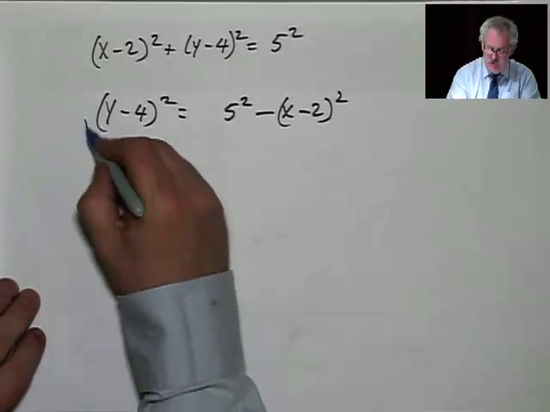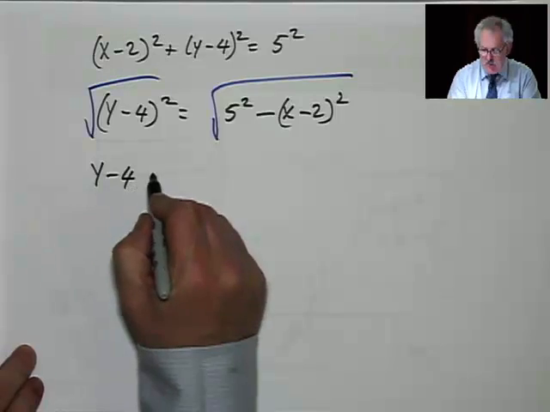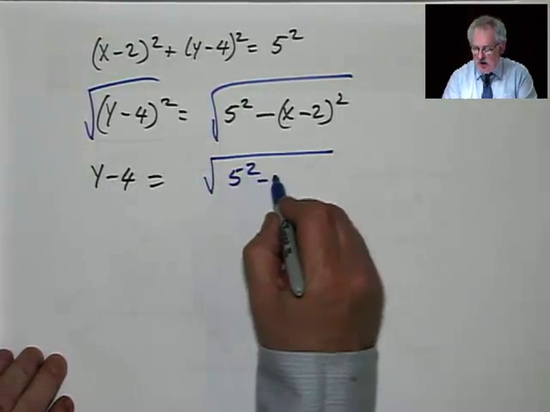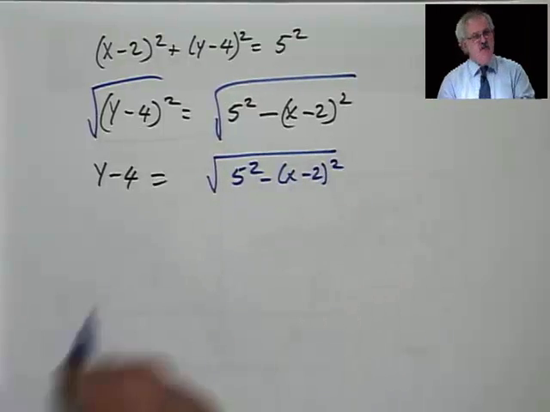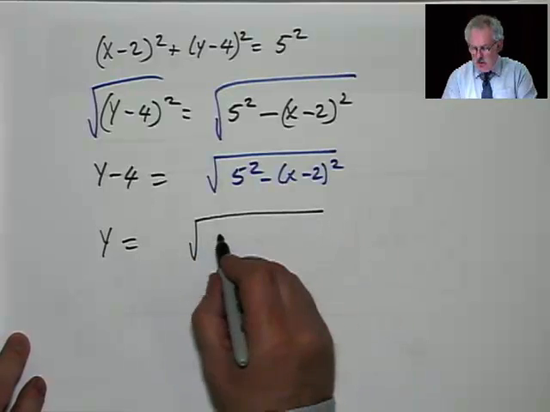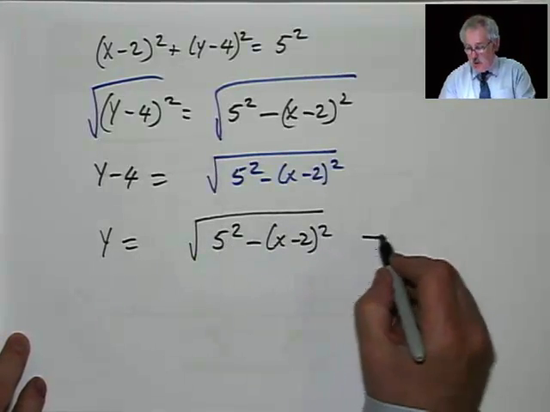Taking the square root, I get y minus 4 is equal to the square root of 5 squared minus x minus 2 squared. And I would get y is equal to the square root of 5 squared minus x minus 2 squared, plus 4.